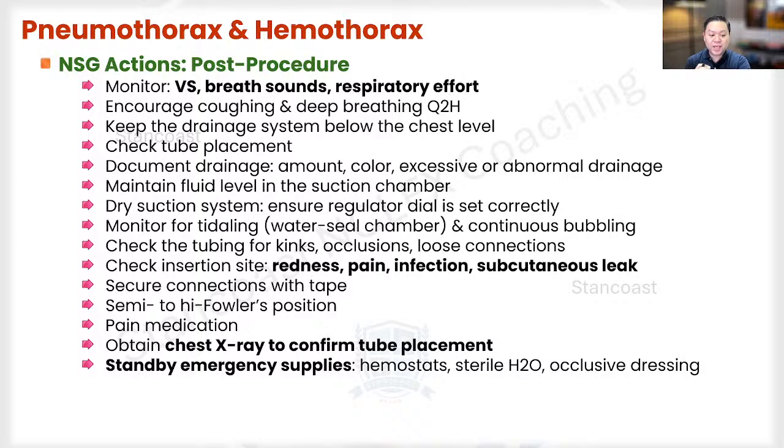So make sure that you have the padded forceps, not the ones with the bare teeth in it. Make sure that you have the sterile water at the bedside as well and occlusive dressing just in case. We need to have those equipment just in case there is some kind of complication, maybe a dislodgement of the tube.